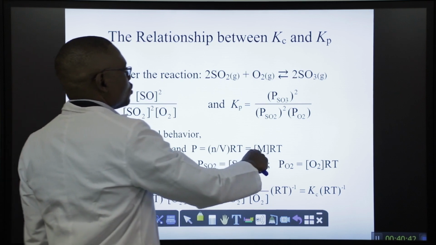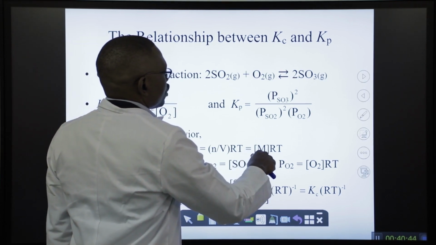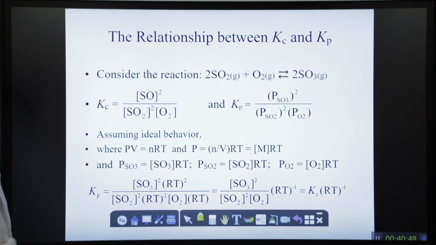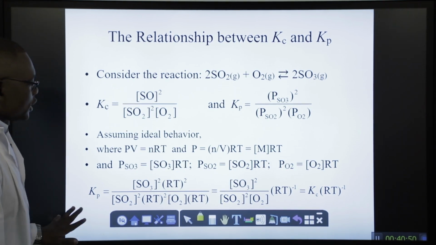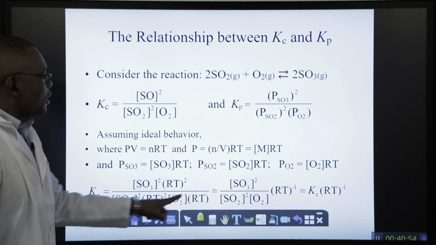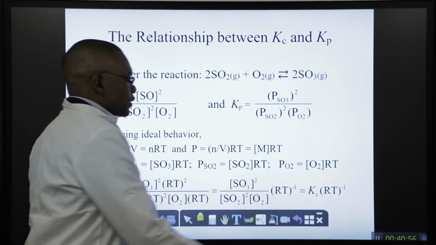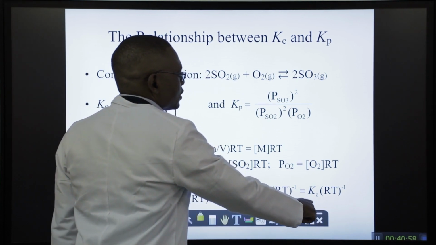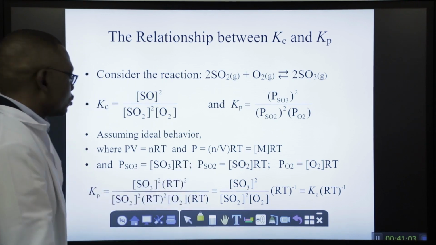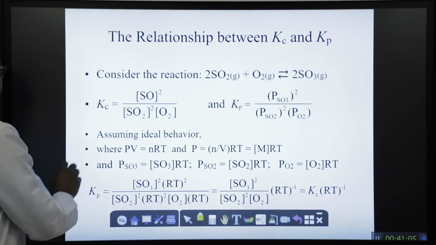So this changes to concentration M times RT. So in a similar manner, you can see that if you express Kp and Kc, they are related such that Kp is equal to Kc (RT) to the power of -1. Okay.